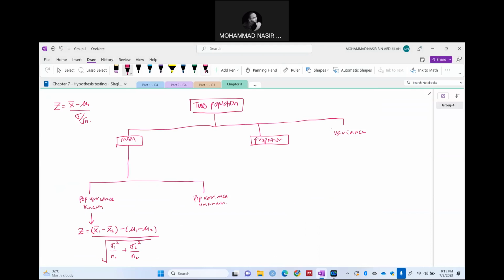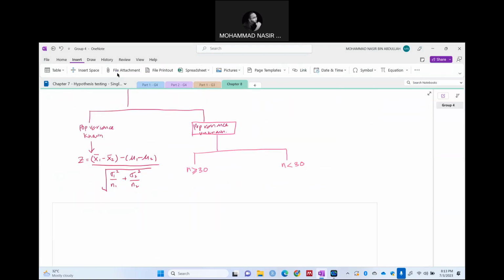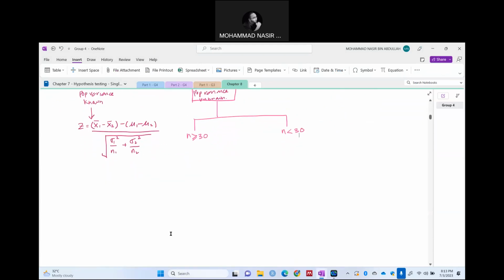So let's look at another one. When we have population variance unknown, there will be two conditions here, right? Condition one, where n is more than or equal to 30. Another one is n is less than 30, which is a small sample size, right? When we have a large sample size, if you still remember last lecture, we still use the Z distribution, right?